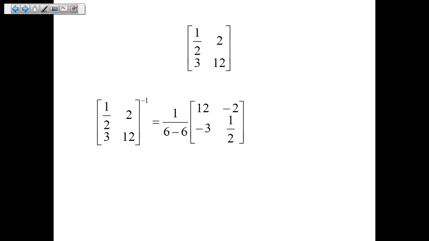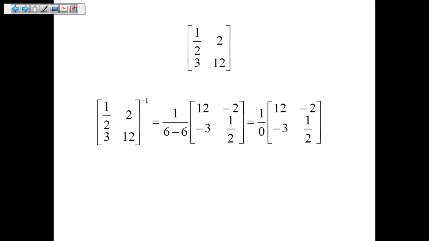So let's take a look at another inverse matrix. Again, we start by finding out what the determinant is, 1/2 times 12, minus 2 times 3. We switch the numbers in the primary diagonal. We leave the 3 and the 2 where they're at, but we change their sign. Now you might have already picked up here that there's going to be a problem.